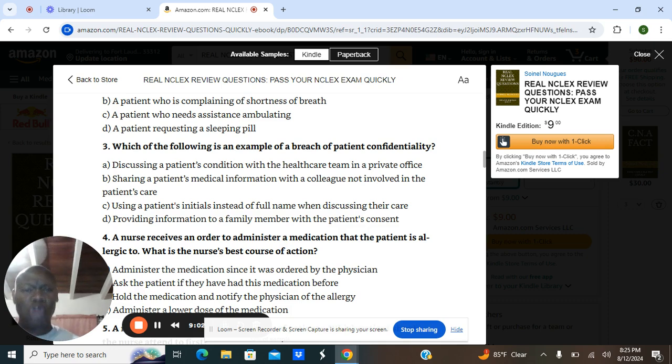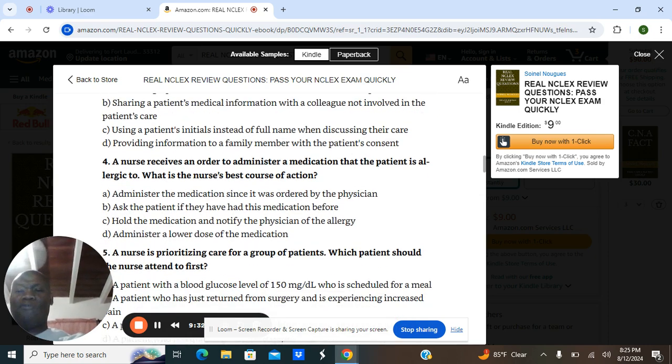The only choice that, if you do it, you violate the law, is sharing a patient's medical information with a colleague not involved in the patient care. Yes, you violate the confidentiality of the patient. Therefore, B is the answer. Remember how to choose the answer. Remember, be smart.